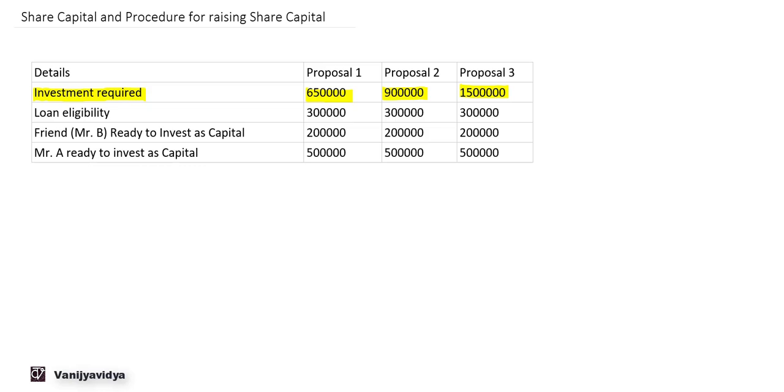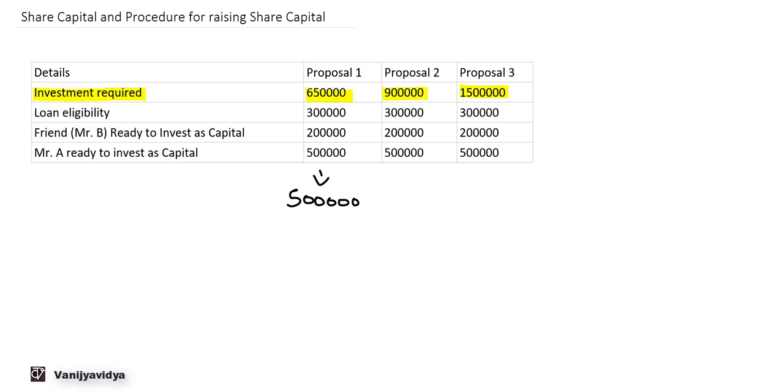Now let us analyze all the proposals. In proposal 1, the total investment required is 6,50,000. Mr. A has 5 lakhs and Mr. B is ready to invest 2 lakhs.